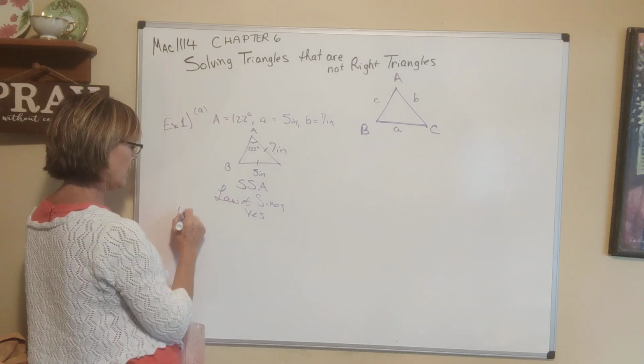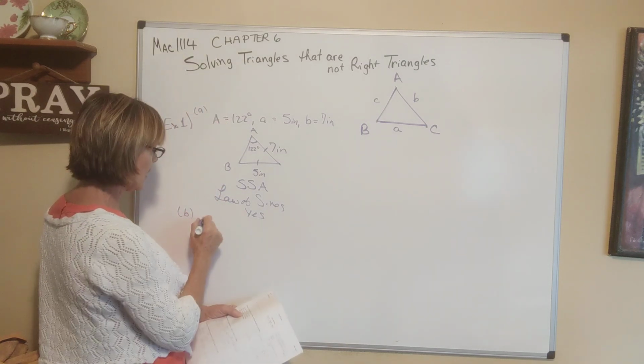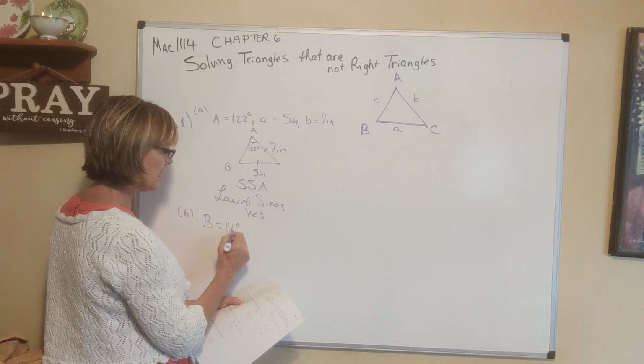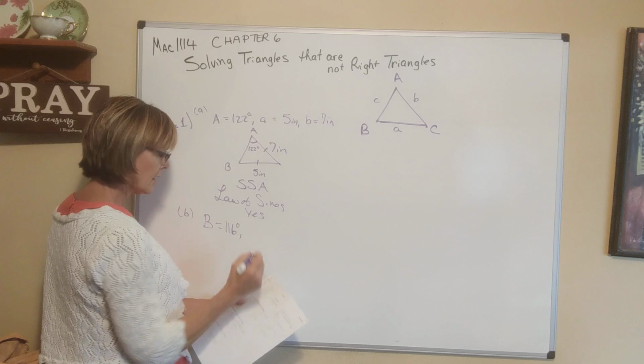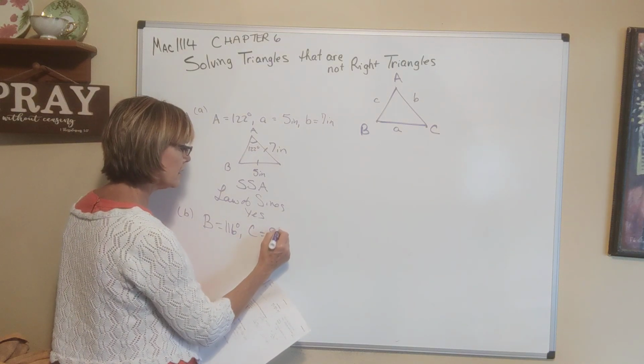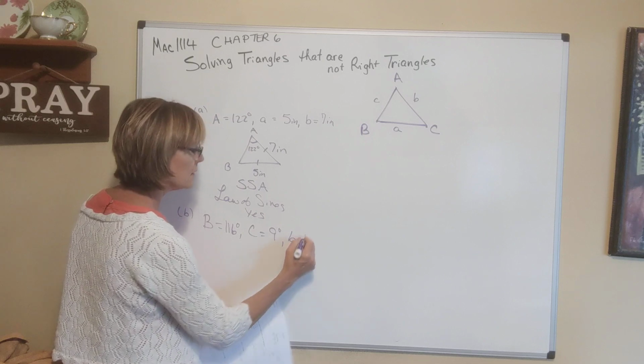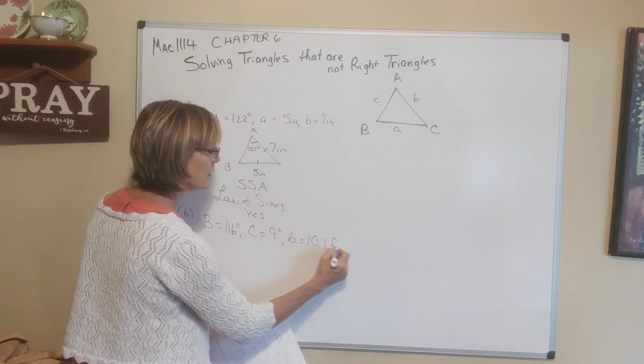All right, that was A. Here is B. They say that angle B is 116 degrees, angle C is 9 degrees, and little b is 10.1 feet.